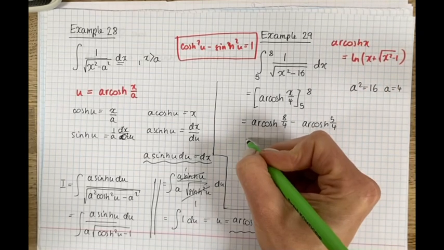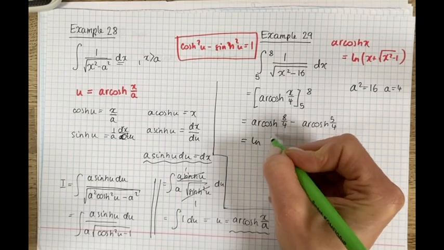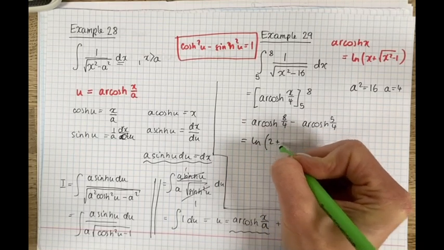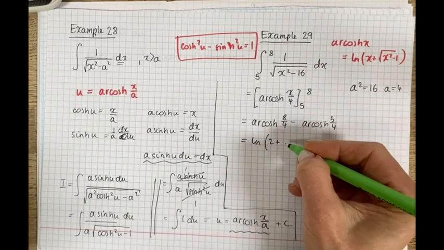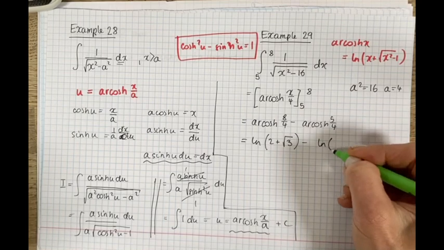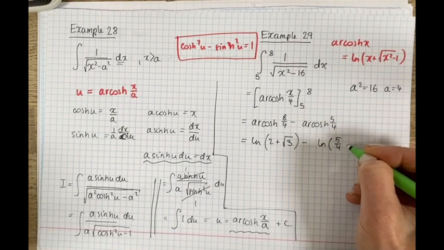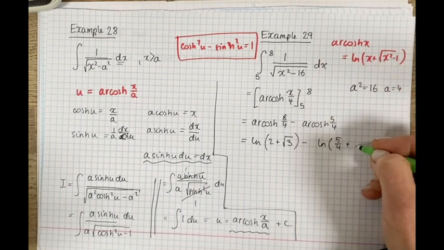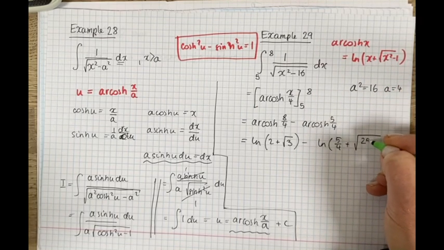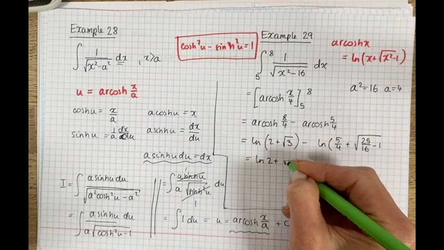So you're going to use ln. 8 over 4 is 2, so it's ln of 2 plus the square root of 2 squared minus 1, which is root 3, minus ln of 5 over 4 plus the square root of 5 over 4 squared minus 1, so 25 over 16 minus 1. So it's ln of 2 plus root 3.